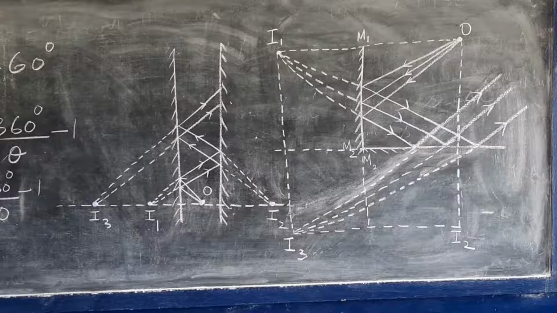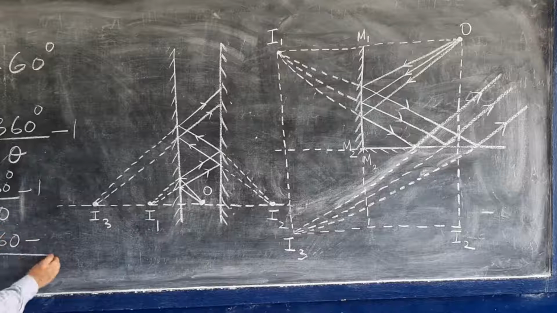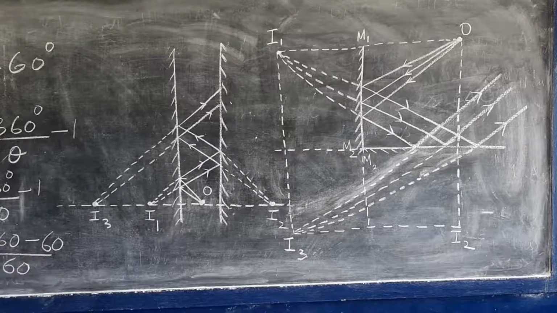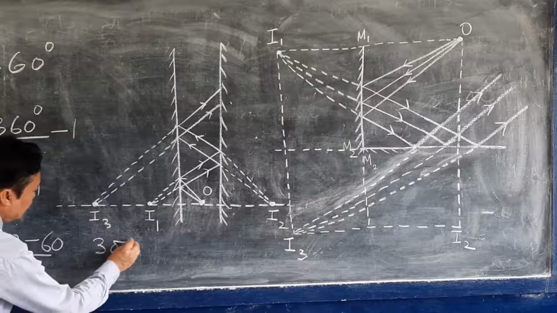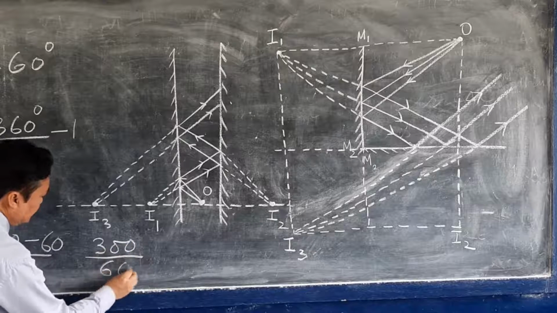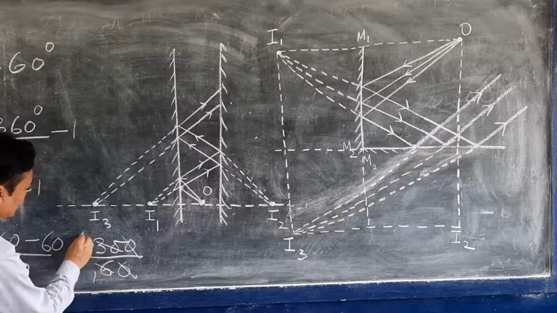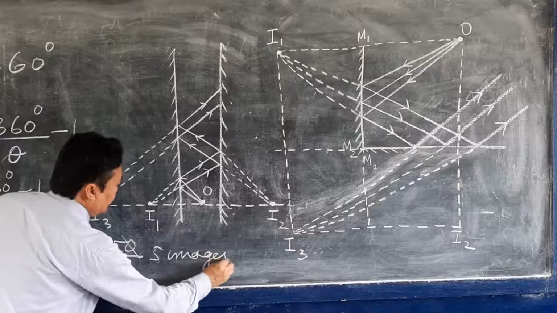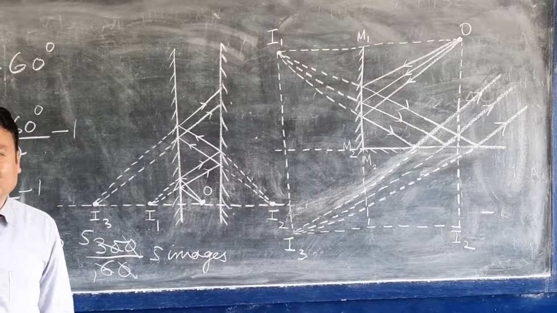Then 360 minus 60, the LCM will be 60 here, so 360 minus 60 will become 300 divided by 60. Then 0 cancels here. Then 6 ones are 6, 6 fives are 30. So 5 images are formed.